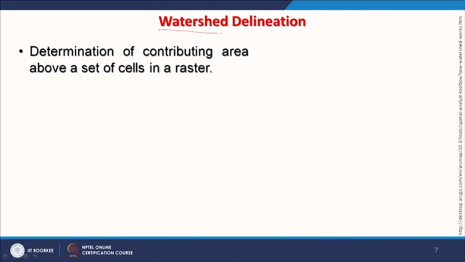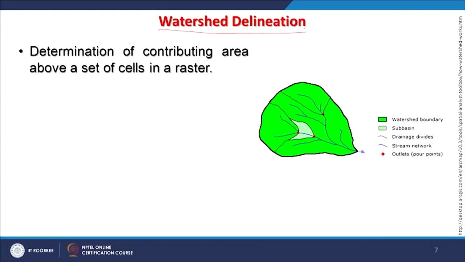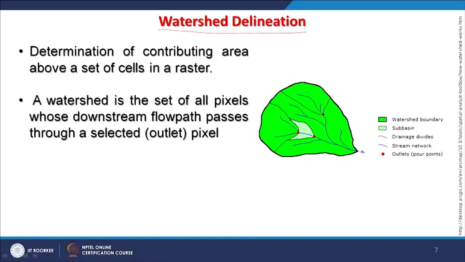Now the sixth one is watershed delineation, or delineation of the watershed boundary, which is the determination of the contributing area above a set of cells in a raster, that is our digital elevation model. The only requirement here is deciding the outlet. Once the outlet, the pour point, has been decided, the watershed can be delineated using the flow accumulation theme.